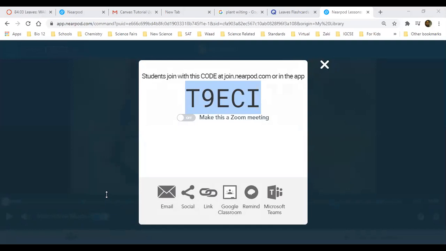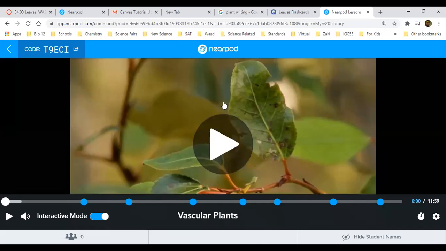All right, so the link is nearpod.com. I'll write it down. The password is T9ECI, sorry, ECI. So you'll find this code on the left side.